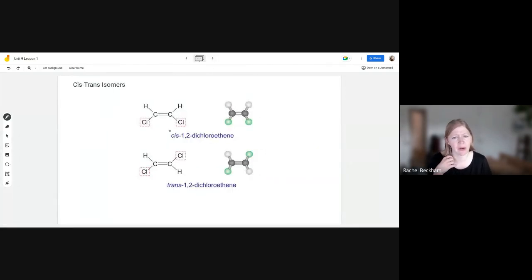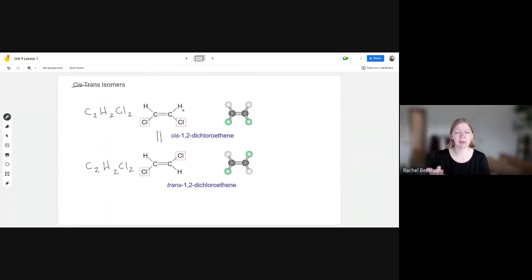Another type of isomer, if you look here, these two compounds have the same formula. It would be C2H2Cl2, right? There are two carbons, two H's, and two Cl's. And then same here. So these are also isomers, the same formula, but they're called cis-trans whenever basically one of the elements is kind of flipped over to the other side.